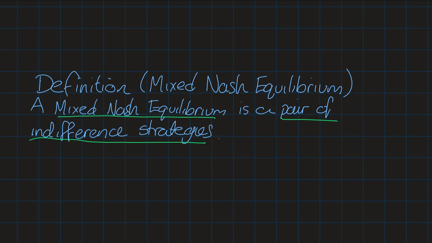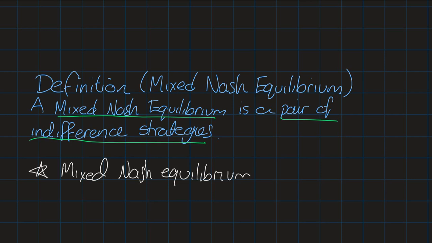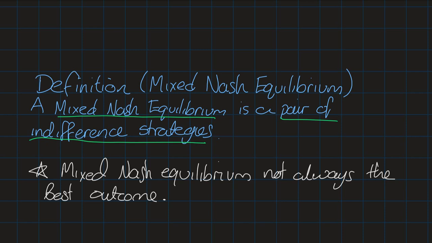Again, I'm not saying mixed Nash equilibrium are necessarily the best result, but they are just a place where you sort of get stuck. So I'll note this down: mixed Nash equilibrium are not always the best outcome, in the same sense that pure Nash equilibrium are not always the best outcome.